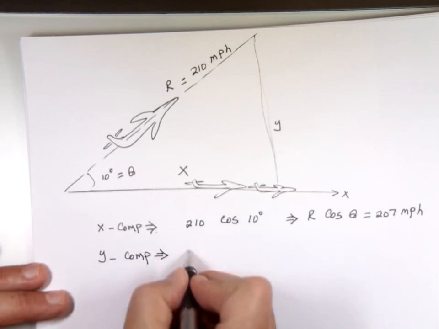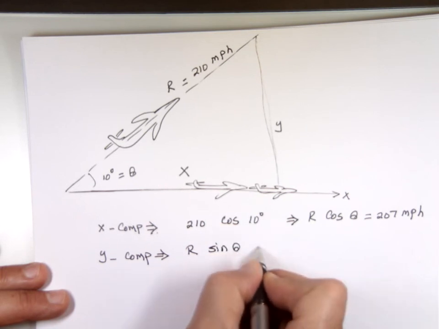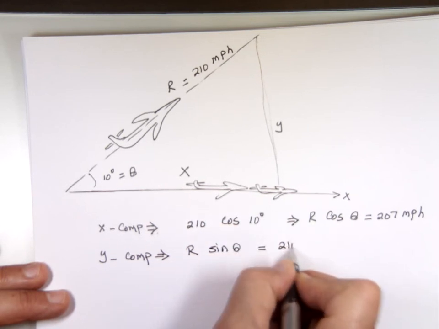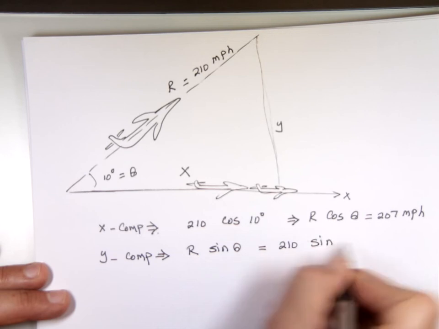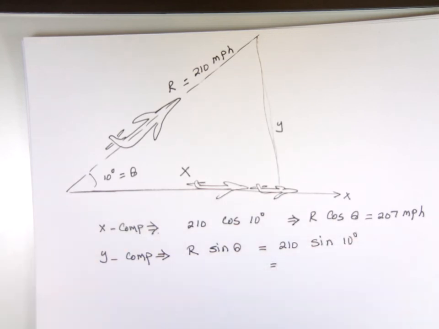That'll be what? r sine of theta. 210 times the sine of 10 degrees, and that's roughly 36.5 miles per hour.